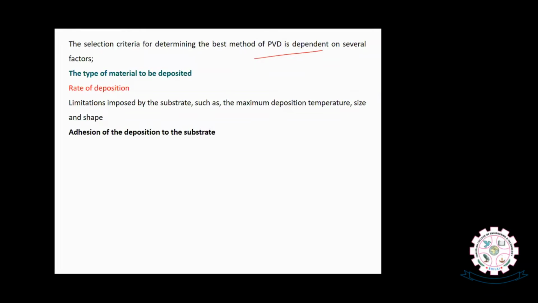What is the criteria to choose the type of material to be deposited? Suppose your material is a very high temperature material, high melting point material, then CVD may not be a good option.